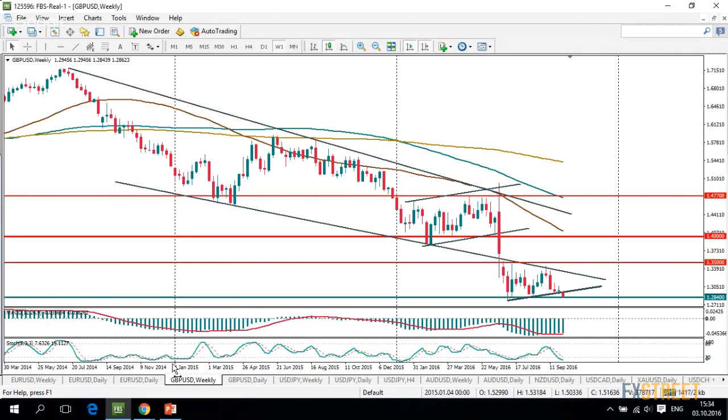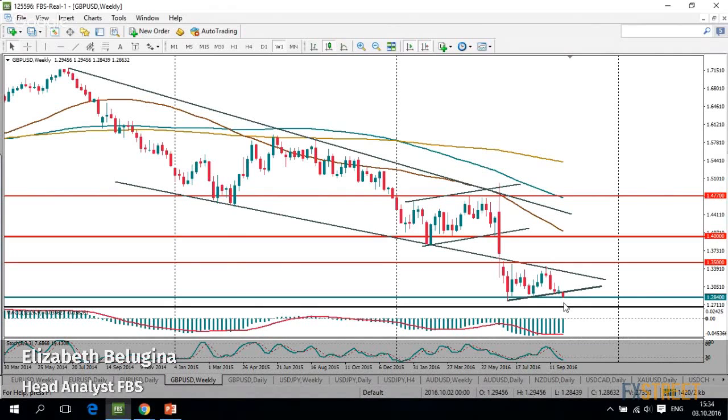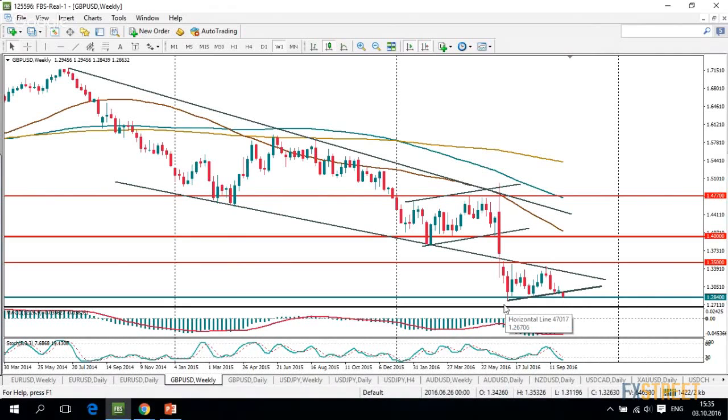We can see that last week the pair was almost unchanged, but this week started with a decline, and we are currently trading below the support line, which connects post-Brexit minimums. And this looks like a very negative thing to me. A daily close below 1.2840 will be a signal to enter new short positions in the British pound.